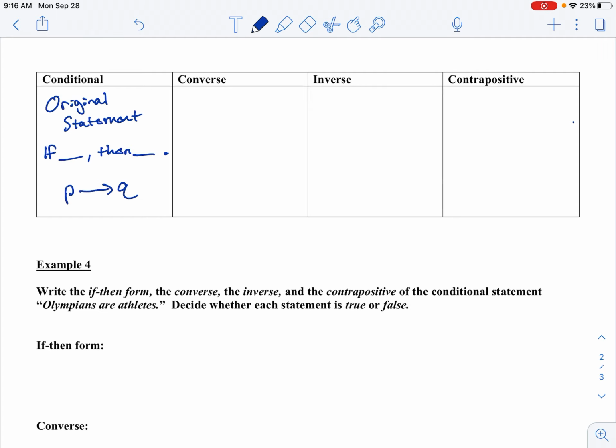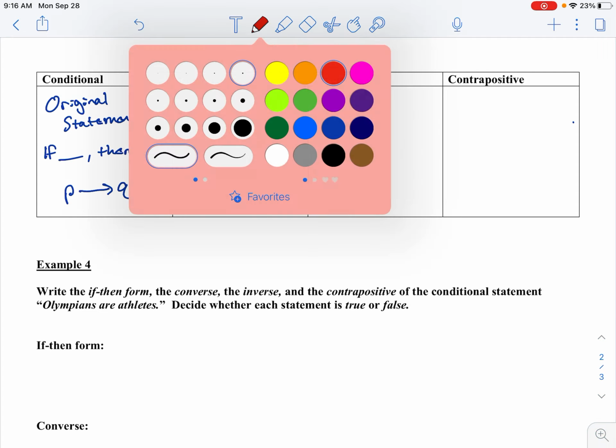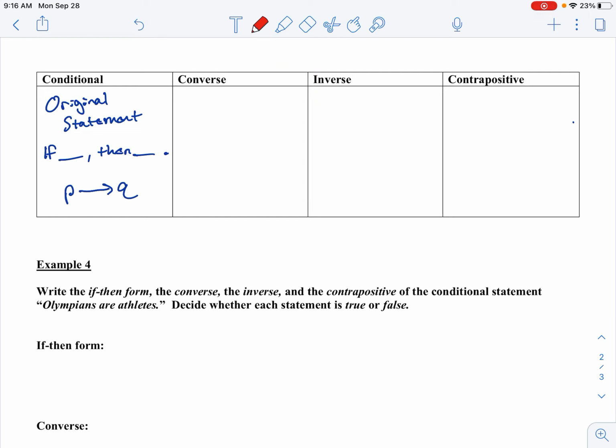So what we're going to do with this conditional statement is that we can switch around, we can negate the hypothesis, conclusion, and we can come up with the converse, the inverse, and contrapositive. So taking these hypotheses and conclusions, we are going to create different types of statements.